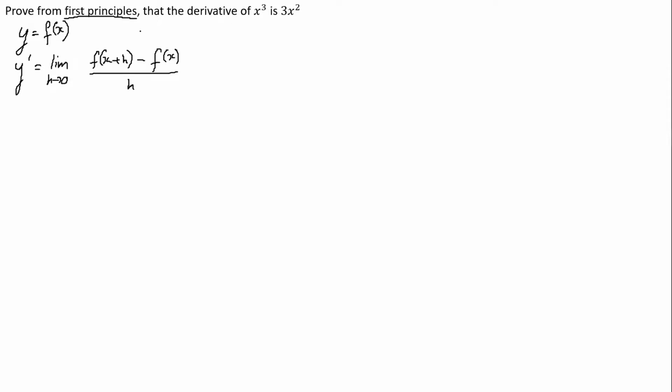So first off, since we know y is equal to f of x, that means f of x is just x cubed by itself. Now, that means that f of x plus h, which is just a composite function, is going to be x plus h cubed. At this stage, you should be able to use the binomial distribution to make this easier.